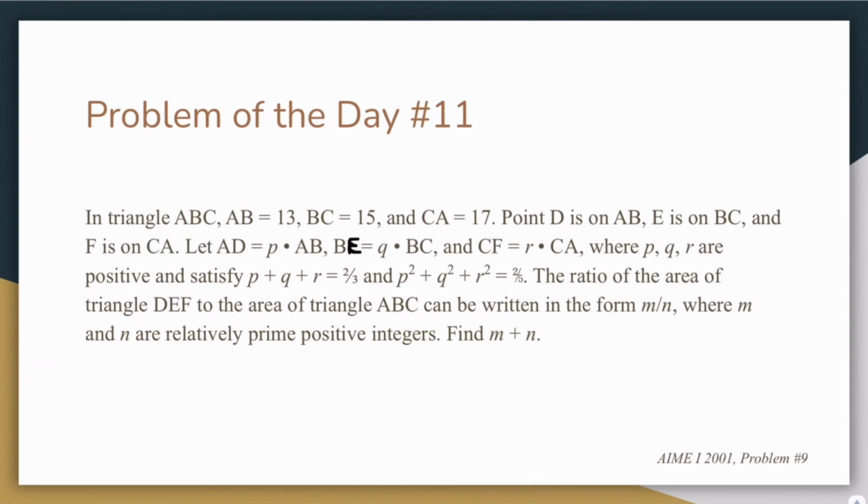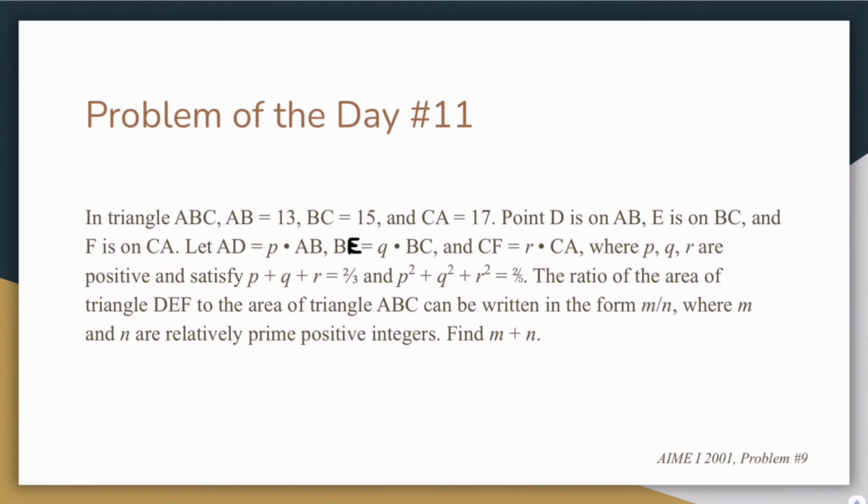This problem is problem number 9 of the 2001 AMC 12. In triangle ABC, AB equals 13, BC equals 15, and CA equals 17. Point D is on AB, E is on BC, and F is on CA. Let AD equal P times AB, BE equal Q times BC, and CF equal R times CA, where P, Q, and R are positive and satisfy P plus Q plus R equals 2/3, and P squared plus Q squared plus R squared equals 2/5.